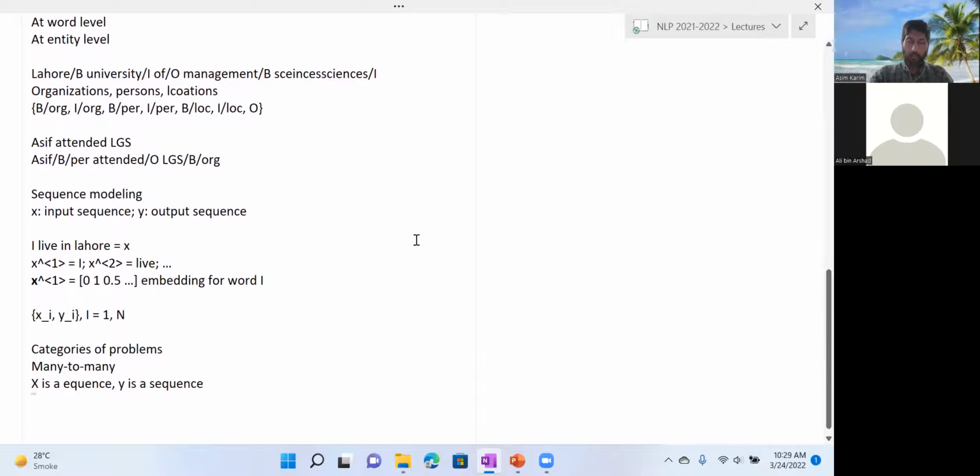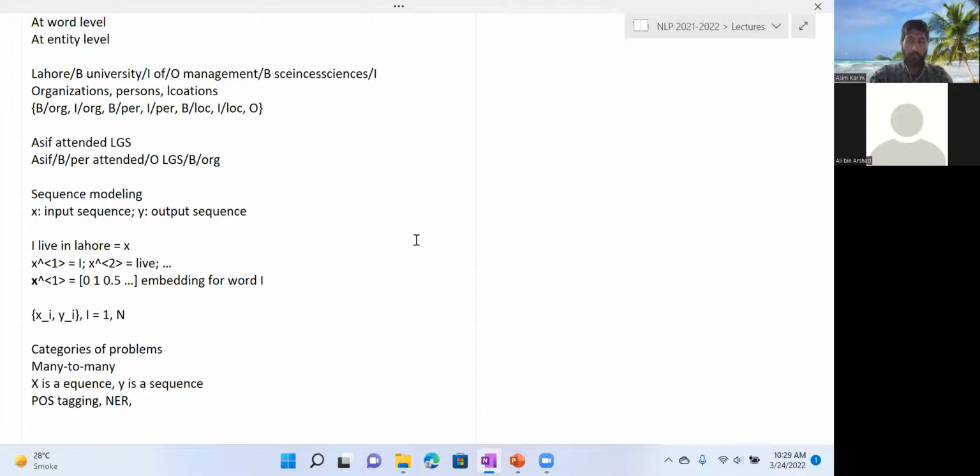So of course, we have already seen examples of this. POS tagging: X is a sequence of words, Y is a sequence of tags. And also NER, X is a sequence of words, and then Y is a sequence of labels.